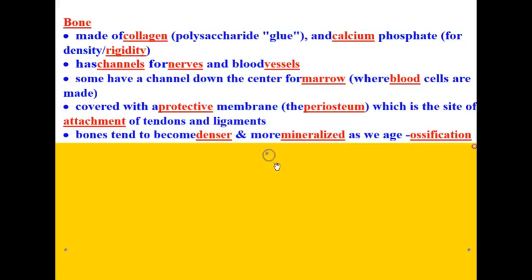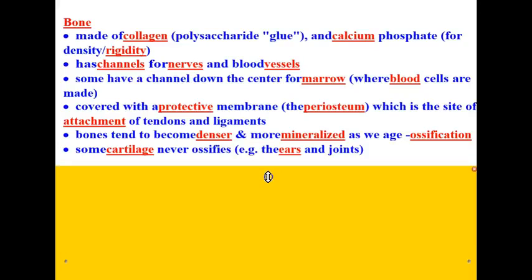Bones tend to become denser and more mineralized as we age. That natural process is called ossification. Some cartilage never ossifies. For example, the cartilage in your ears and the cartilage in many of your joints never ossifies, hardens, and becomes bone.